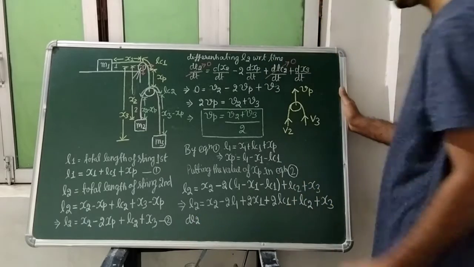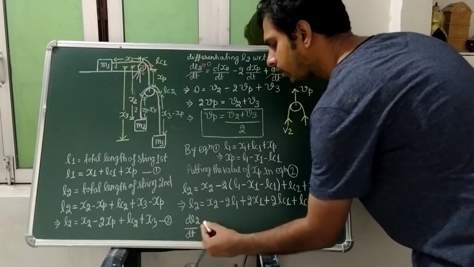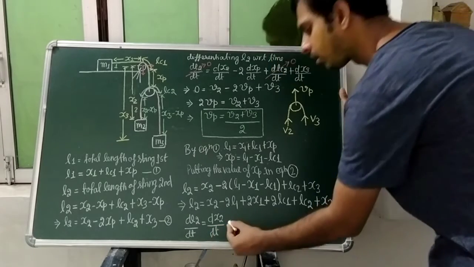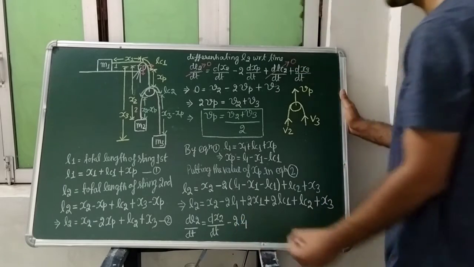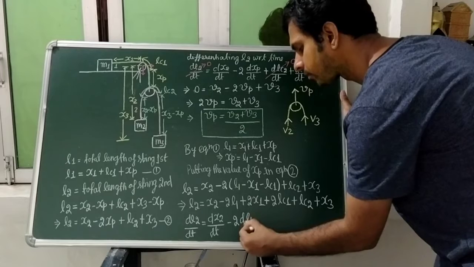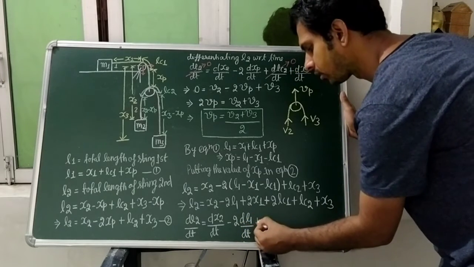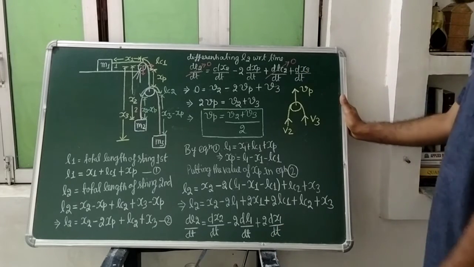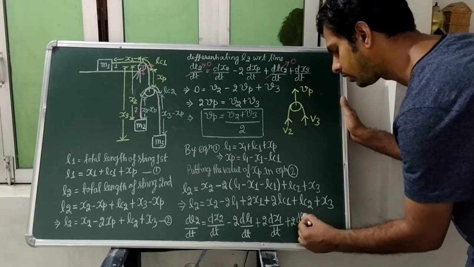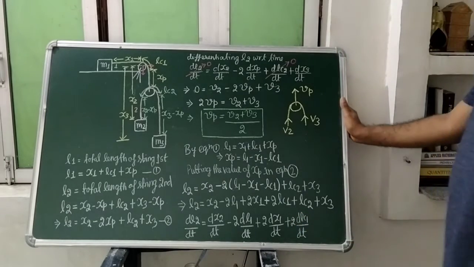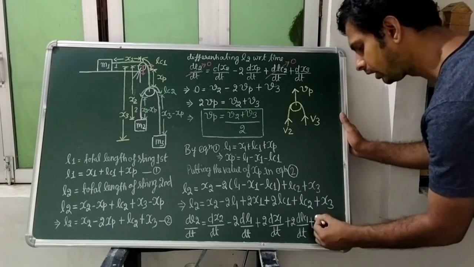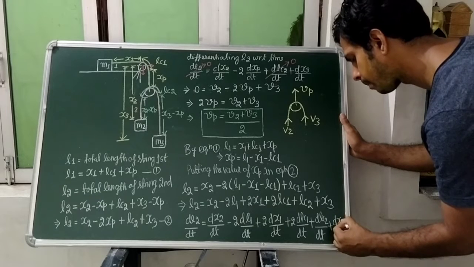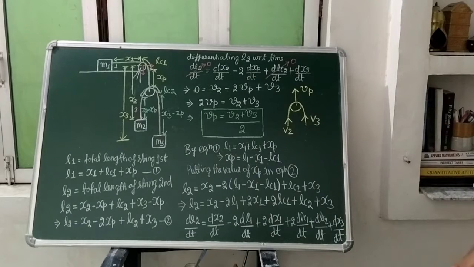So here what will we get? dL2 upon dt equals dx2 upon dt, minus twice dL1 upon dt, plus twice dx1 upon dt, plus again twice dLC1 upon dt, plus this dLC2 upon dt plus this dx3 upon dt.